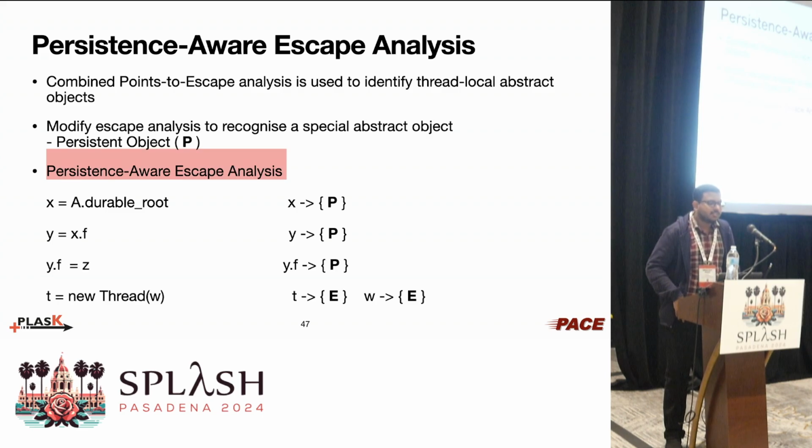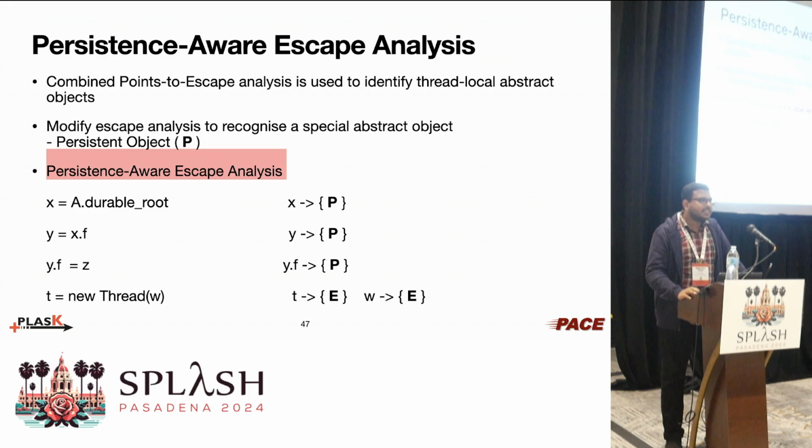But in the persistence aware escape analysis, we modified the flow function slightly. So now when we are reading from a durable root, we no longer get an escaping object, we get a persistent object. And if we are reading from the field of a persistent object, we again get a persistent object. Similarly, if we are writing to a persistent object, we will say that here in this case, y.f will be pointing to a persistent object.